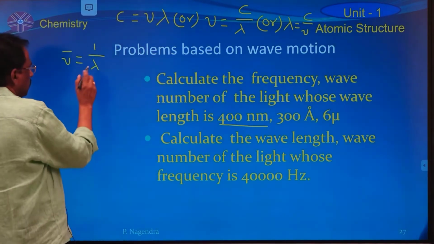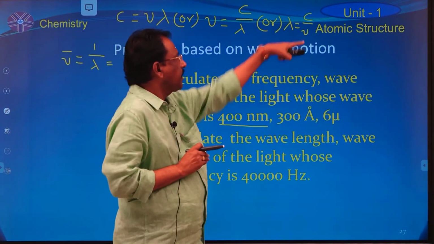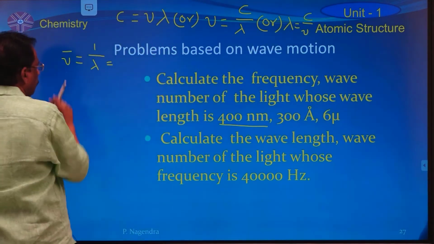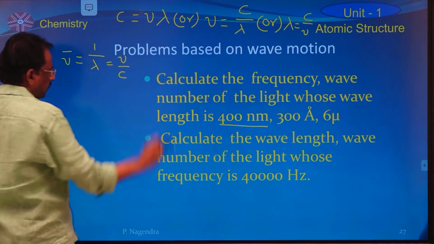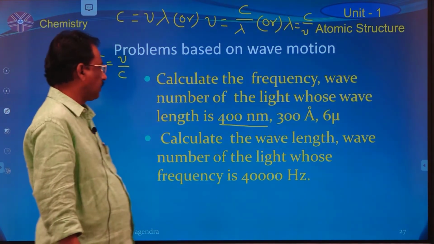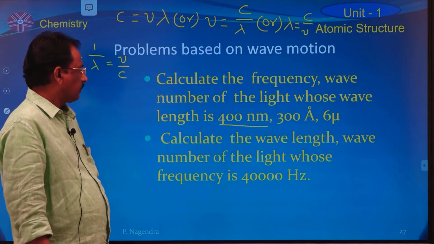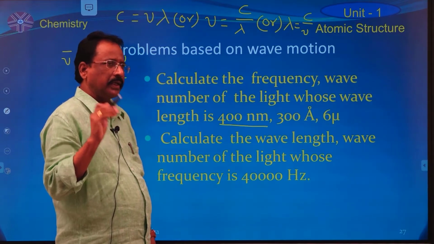Since lambda is equal to c by nu, substitute this here and nu bar becomes nu by c. These are very important formulas for the characteristic properties of wave motion of electromagnetic radiation.